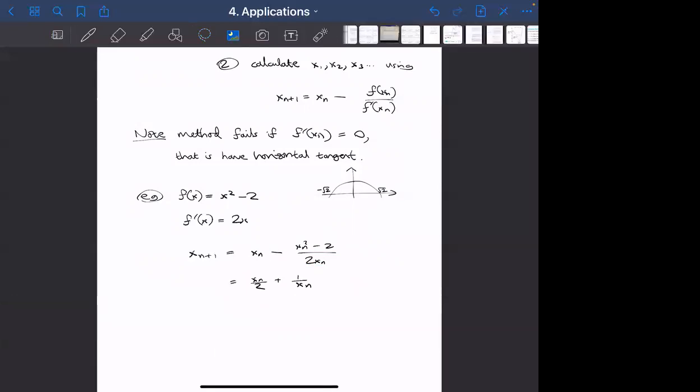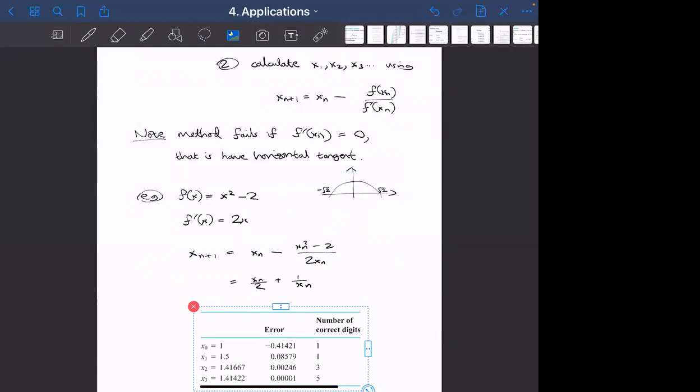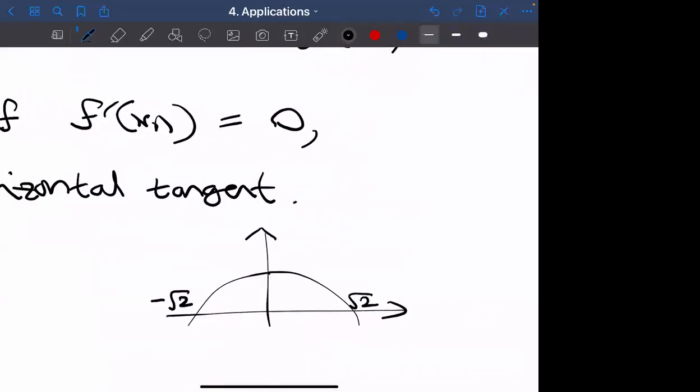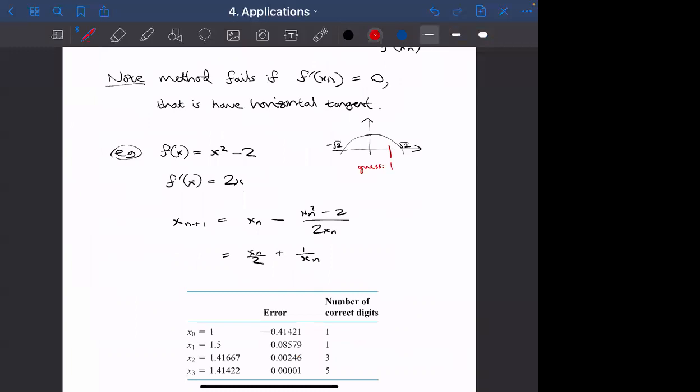And if you use this to calculate, if I start with 1 as my guess x0, and I use this method, this is the result we get.